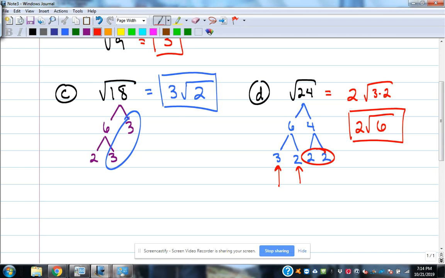Anything that doesn't have a partner, doesn't have a pair, is going to go back inside and multiply back together. Pairs, sets of 2, one representative comes out. Anybody that doesn't have a partner goes back in and remultiplies together. Okay.